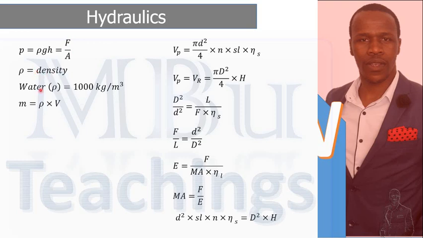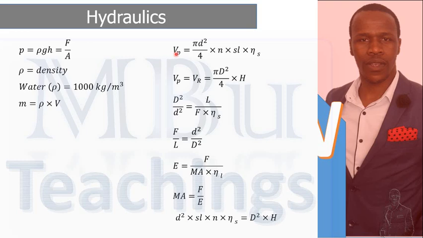Then we have the density of water being 1000 kg per meter cubed. We have mass equaling rho times V. Remember we had work done equaling P times V. So we also have these formulas.